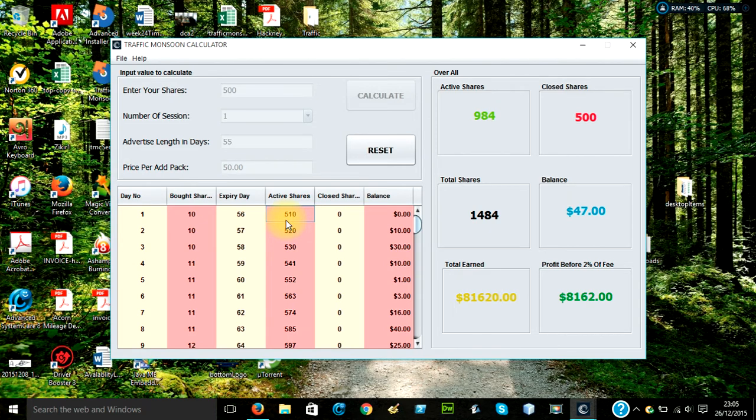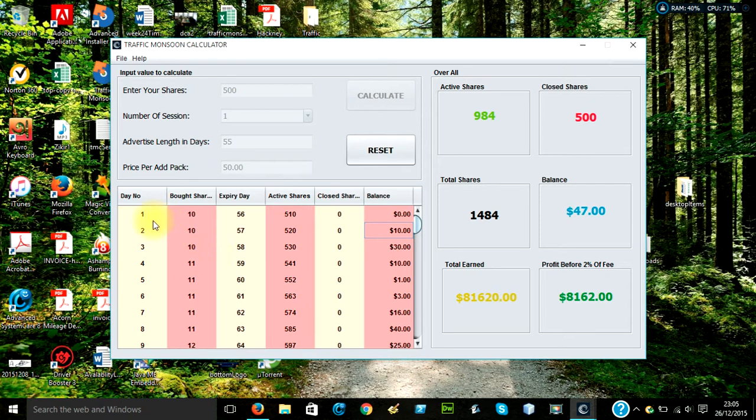So 2% of the shares means you're getting $500 per day. If it's 510 shares, you're going to get $510 per day. So on the second day you bought 10, the active shares will total 520, and the remaining balance will be 10.